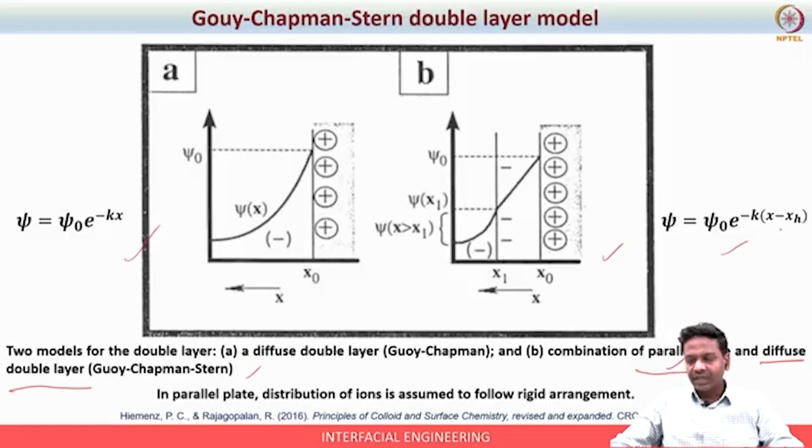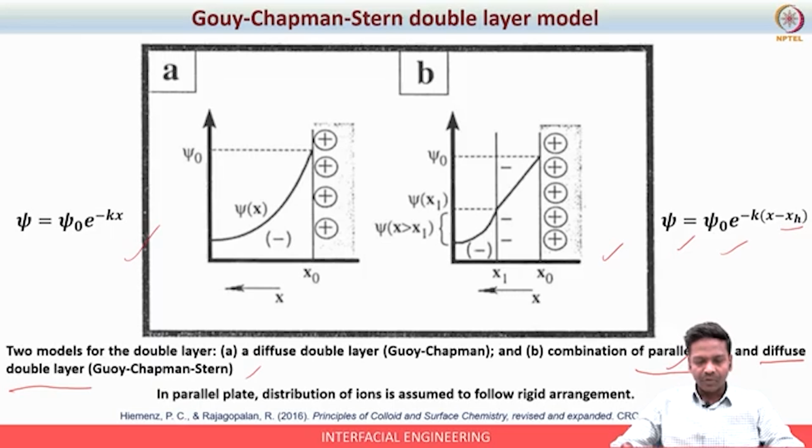This is the distance covered by the Stern plane, in which there will be a linear variation of potential. Whatever we then evaluate in the form of psi is going to be your Gouy-Chapman-Stern model. That is the small change that we have to incorporate into this model.